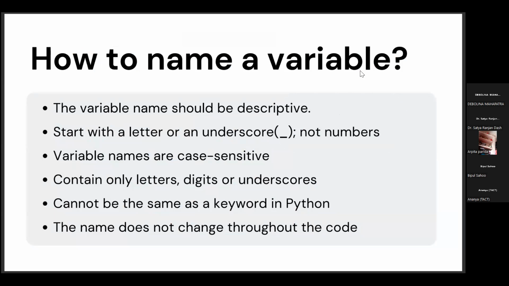Next, some of the naming conventions. Like in all other programming languages, we have some naming conventions that we need to follow when we are naming a variable. The first thing is that for your program to be readable and easily understandable, your variable name should be descriptive.